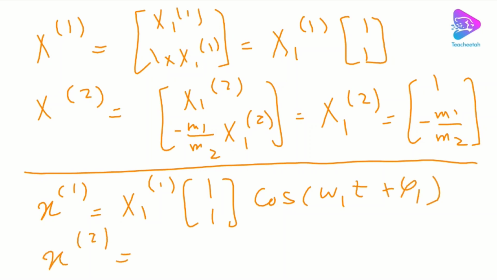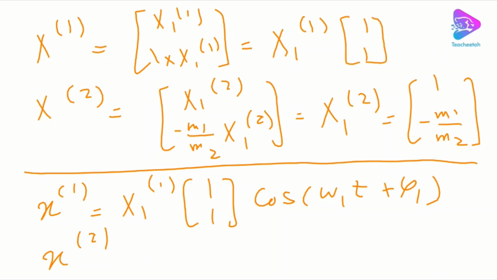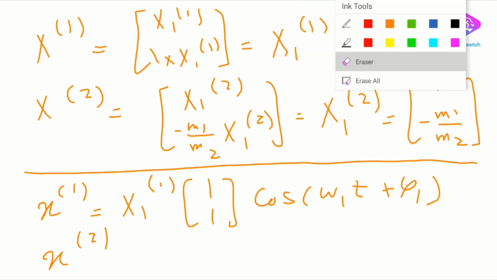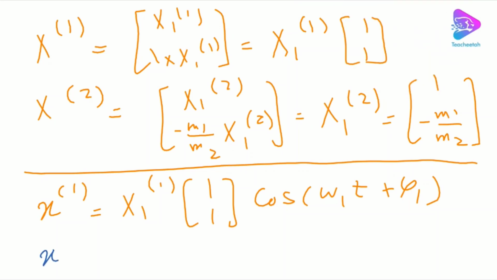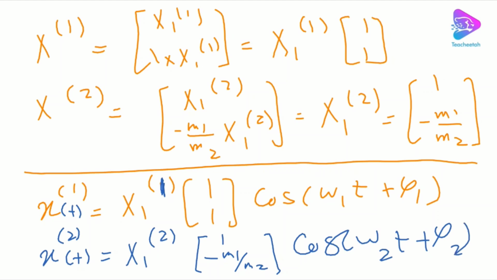And the time response for the second mode is x12 times (1, minus m1 over m2) cos(omega 2 t plus phi 2).